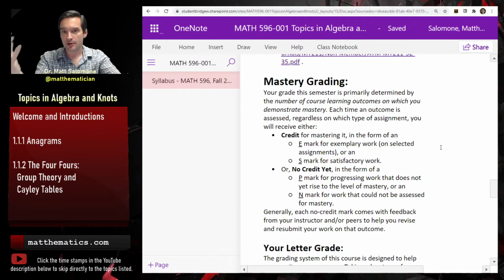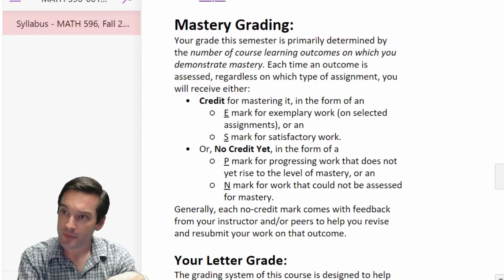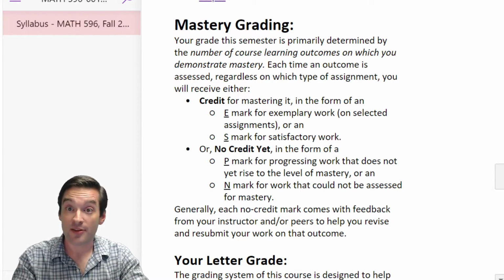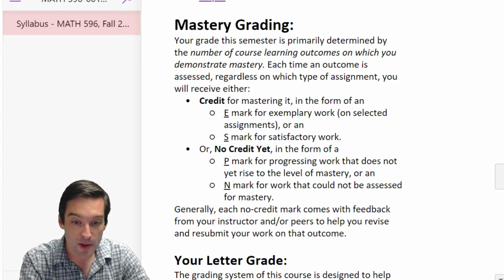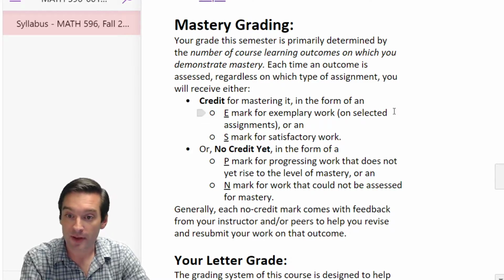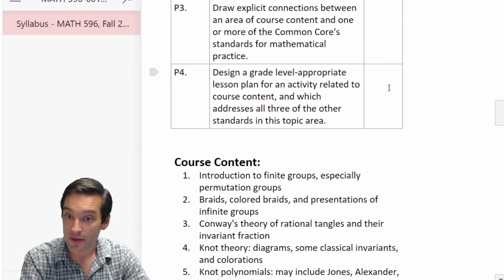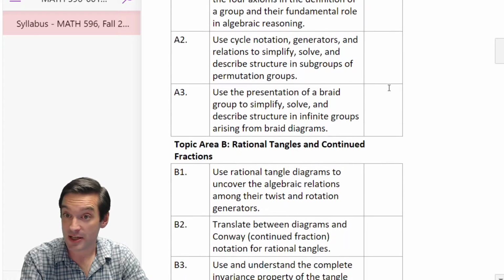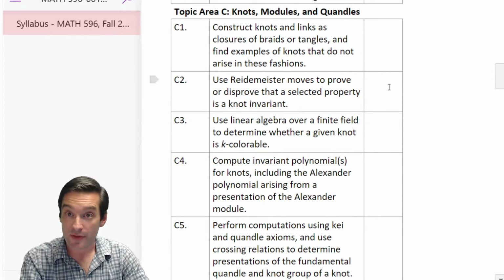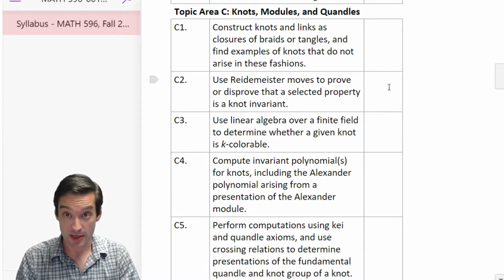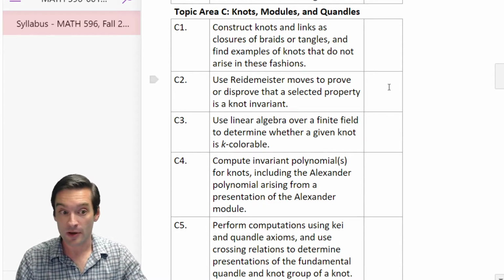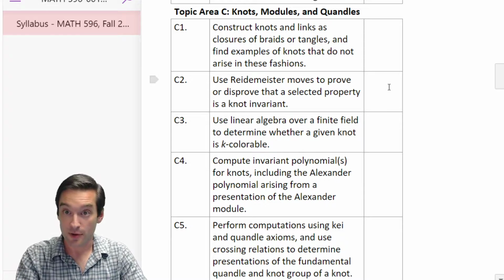Standards-based grading turns that on its head a little bit, and says that instead of focusing on the performance tasks as the source of your course grade, we want your course grade to more purely reflect your mastery of the learning outcomes of the course. So these 15 different things. The number of these 15 things that you're able to demonstrate proficiency in by the time the semester is over determines your grade.